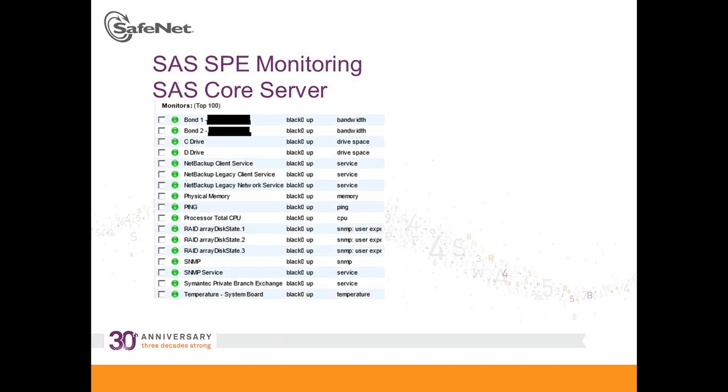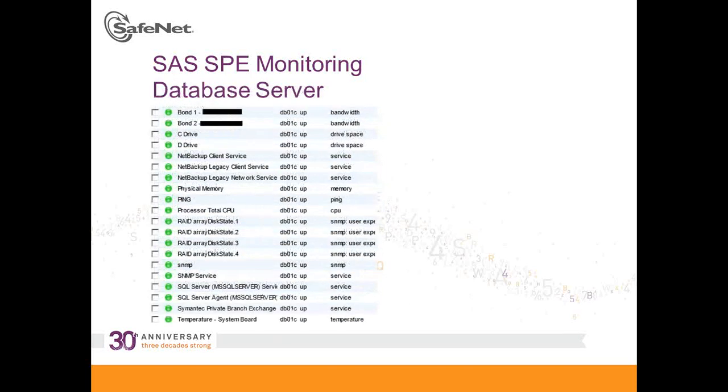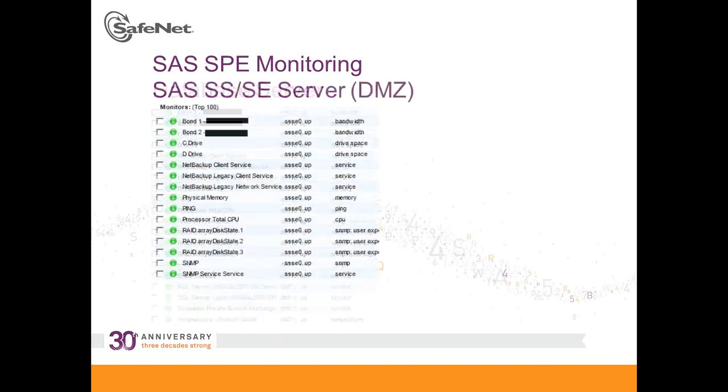We can even get down to monitoring the temperature of the system board, which is kind of a best practice. We take a look at the database server, again, monitoring bond, monitoring the drives, the backup, the memory, the ping, CPU, the disk arrays, SNMP, and then we have the ability to monitor specific services regarding SQL and temperature board.